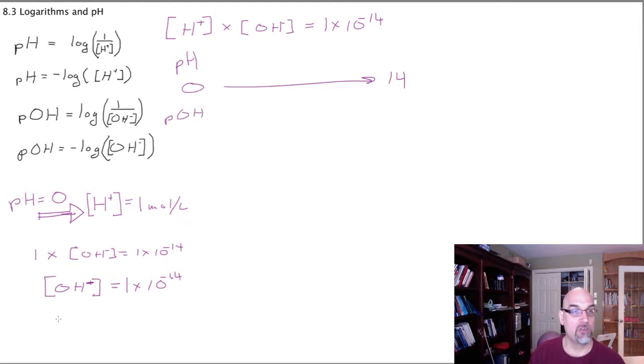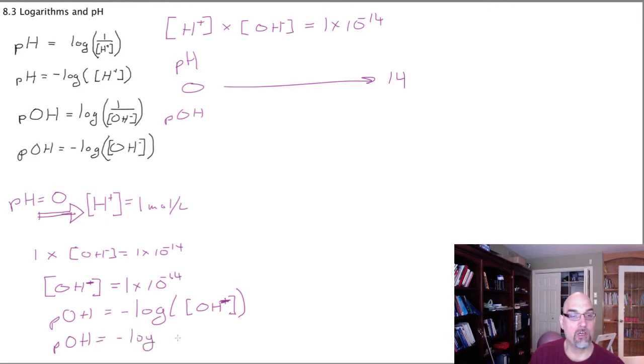So where pH is 0, pOH is equal to, again, the negative log of the molar concentration of hydroxyl ions. Oops, that's a minus. I always want to put a minus 1 there for some reason. So pOH is equal to the negative log of 1 times 10 to the minus 14.